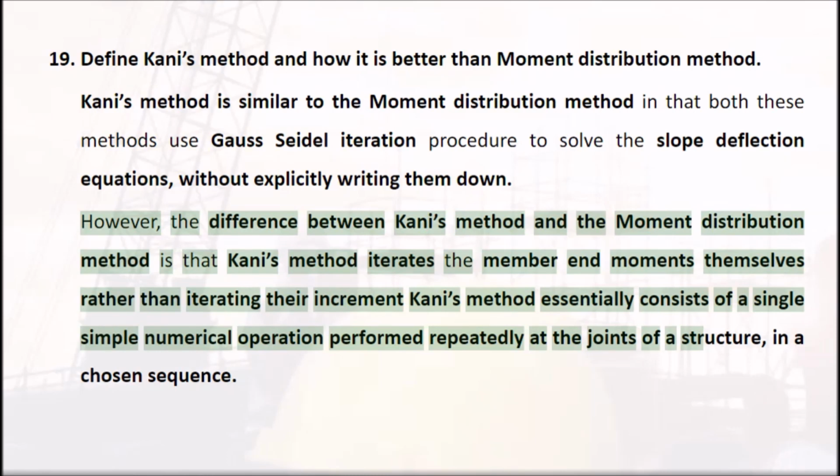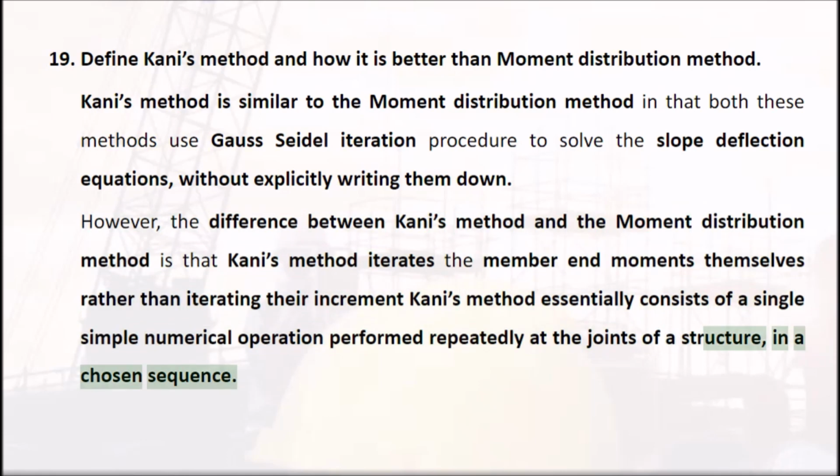However, the difference between Kani's method and the moment distribution method is that Kani's method iterates the member end moments themselves rather than iterating their increments. Kani's method essentially consists of a single simple numerical operation performed repeatedly at the joints of a structure in a chosen sequence.